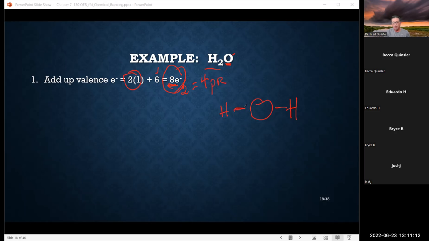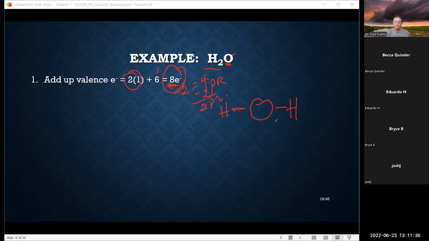The fact that I quickly put the oxygen in and 2 hydrogens took care of 2 pairs, okay? So now I got 2 pairs left over to work with, or 4 electrons. We got 2 hydrogens here, so we can't put any more on the hydrogens.